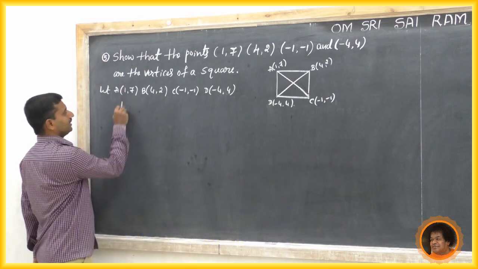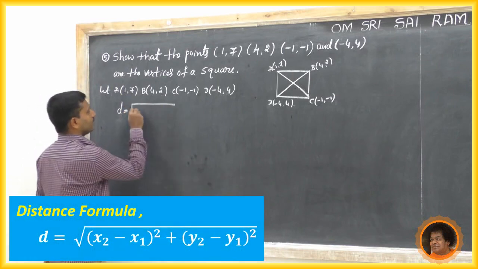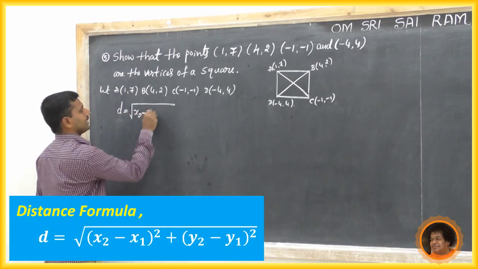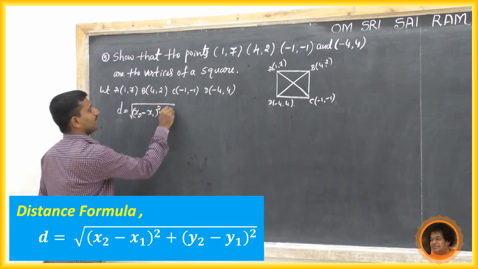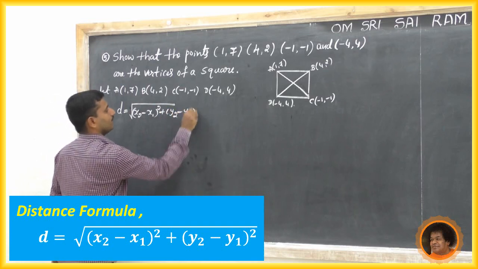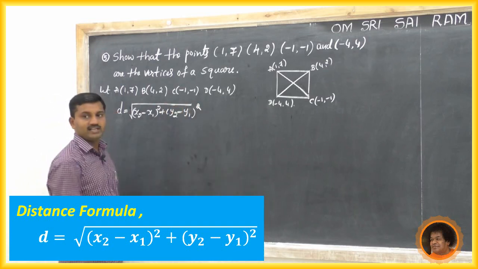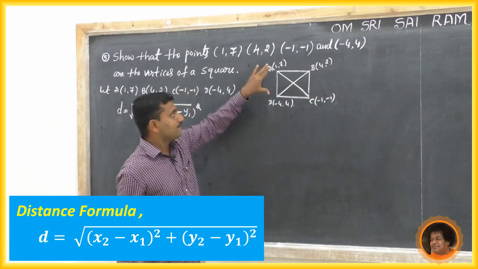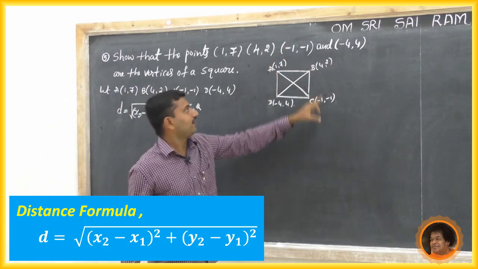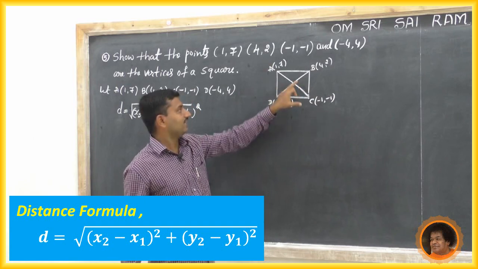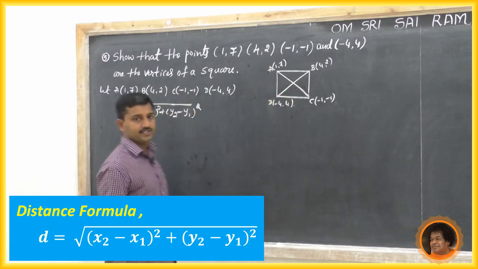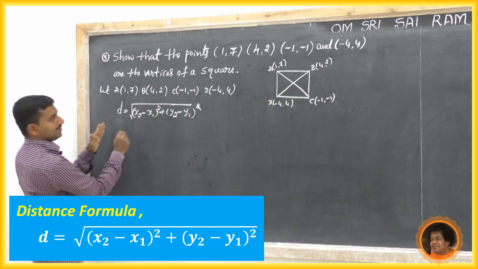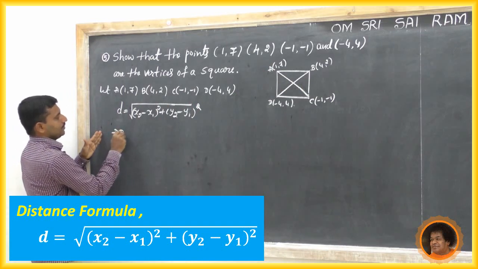So what is the distance formula? D equal to square root of (x2 minus x1) whole square plus (y2 minus y1) whole square. First find the distance AB, then BC, then CD, at last DA. Next find the distance of the two diagonals, that is BD and AC. So first find AB.